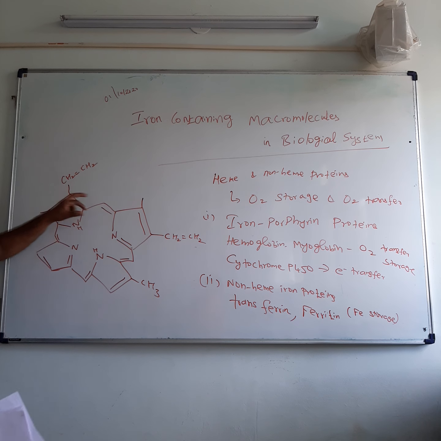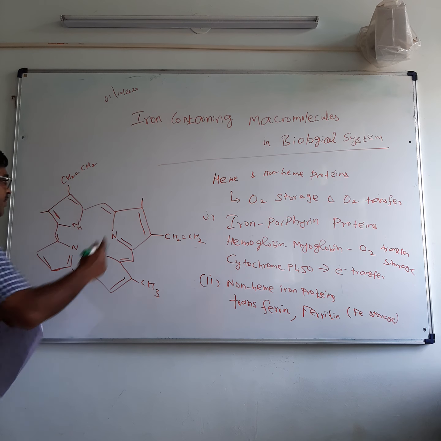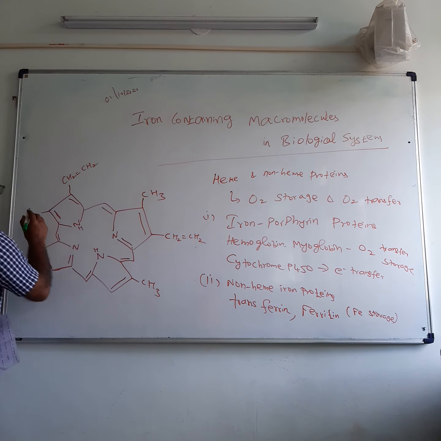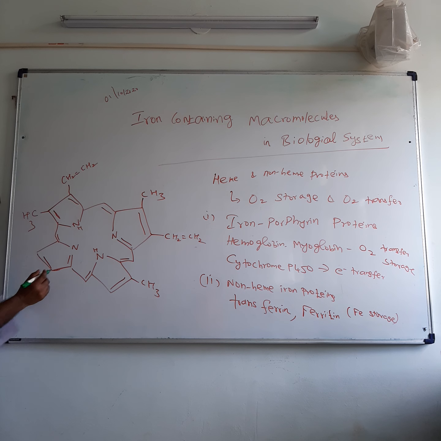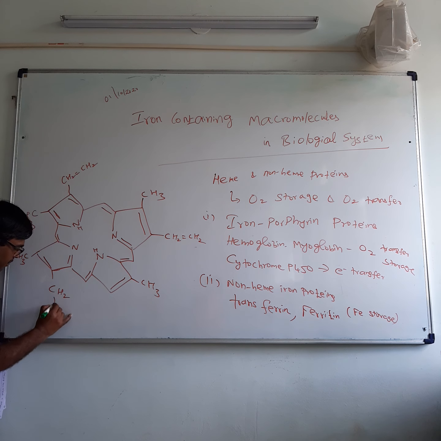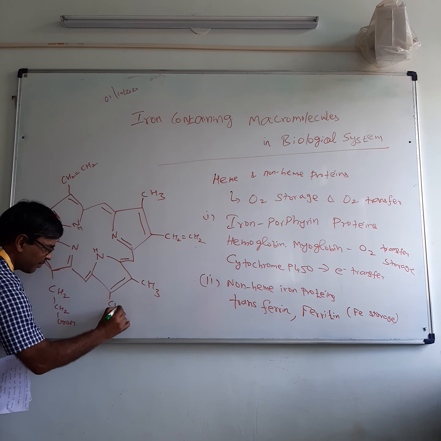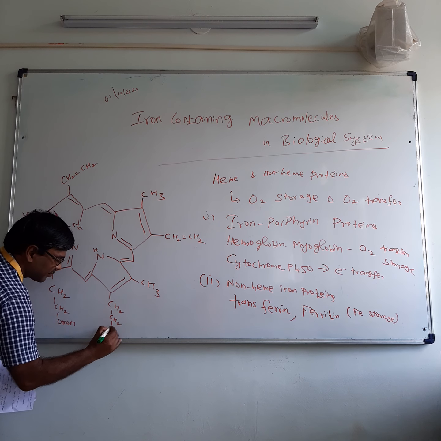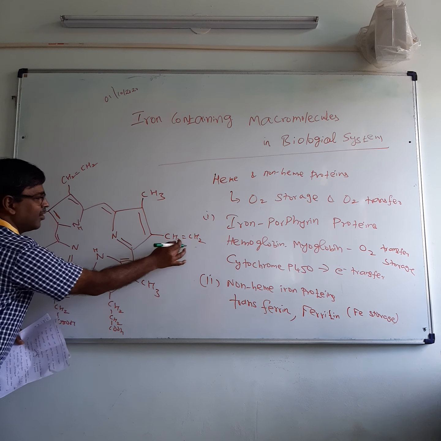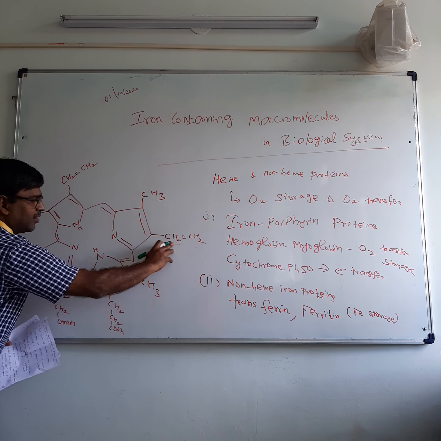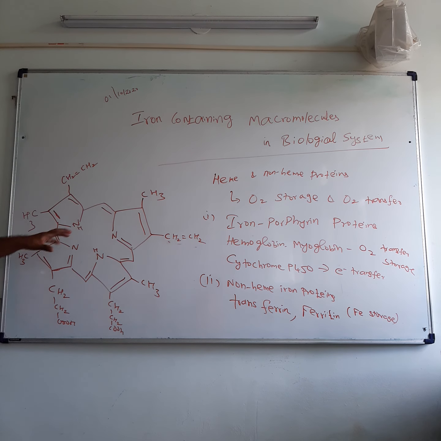In it you have the methyl groups, this is also methyl, as well as the propionic acid, and the vinyl moiety in one of the porphyrin substitutions. So this is the basic heme unit present in hemoglobin and myoglobin.